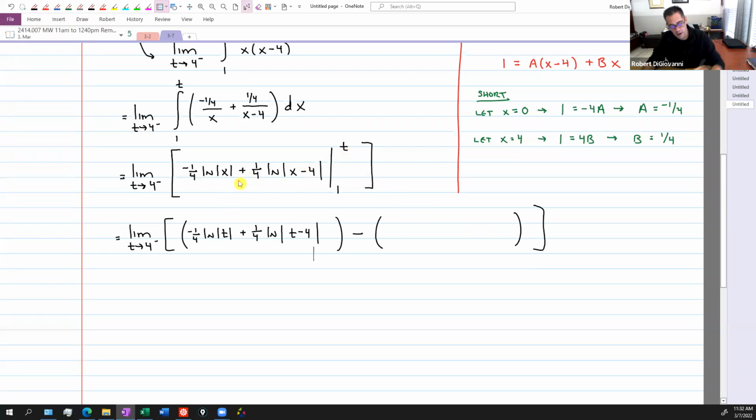And then I plug in 1: negative 1/4 natural log of 1 plus 1/4 natural log absolute value of 1 minus 4. You can see now why that absolute value is so important, because if you didn't have it, this would be the natural log of -3, which is undefined.